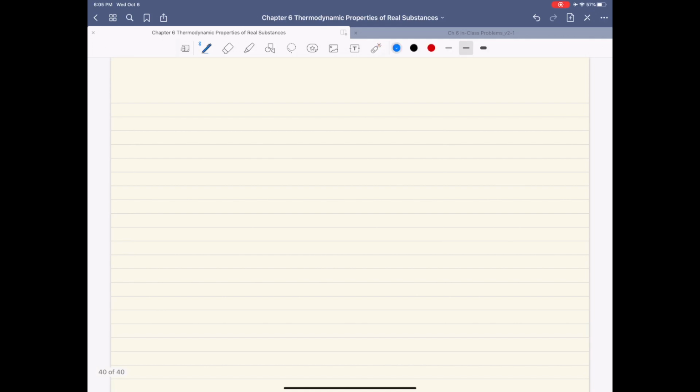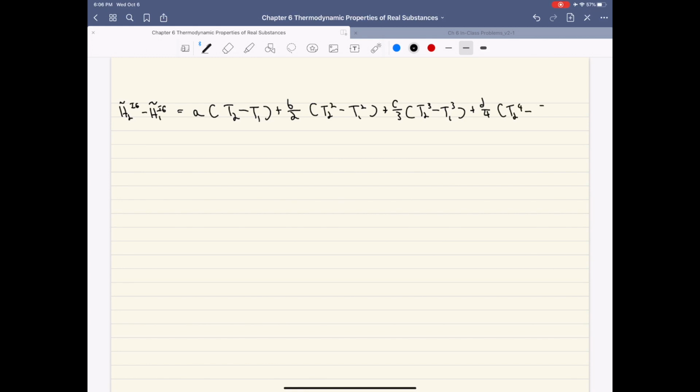And so when we go out and integrate the heat capacity function, what we get is this. Same thing that you saw in MEB2. Okay.